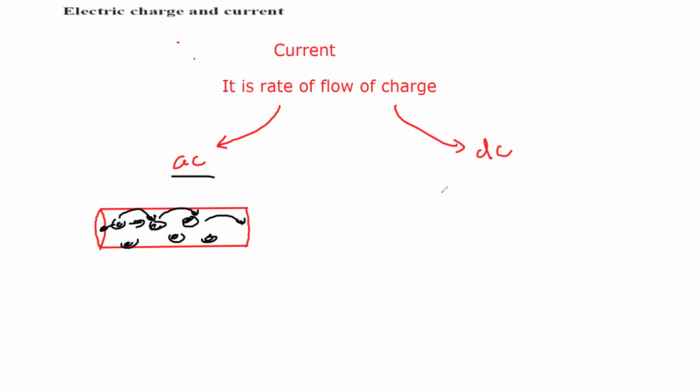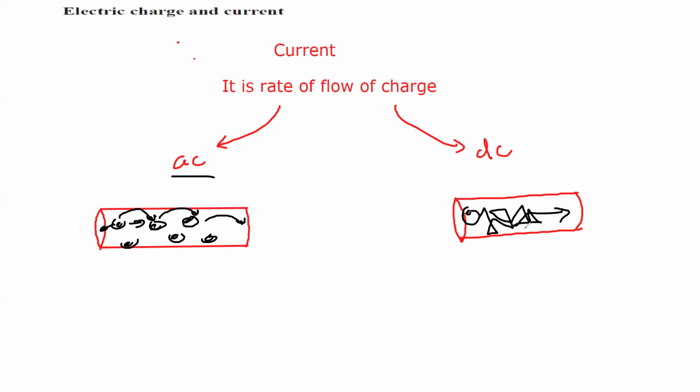But in DC, or direct current, what actually happens is the charges actually move from one end to another. The motion of the charge is not a rectilinear motion, like it's not in a straight line. The charges move through the structure, changing their direction, but the net resulting direction is there.